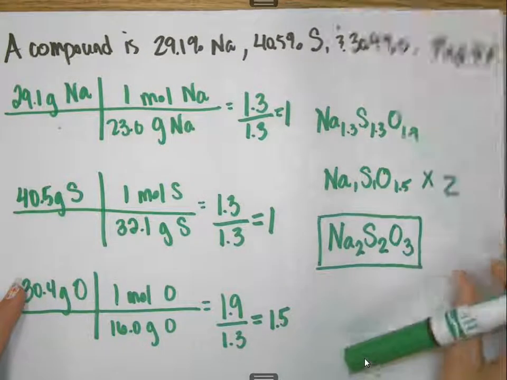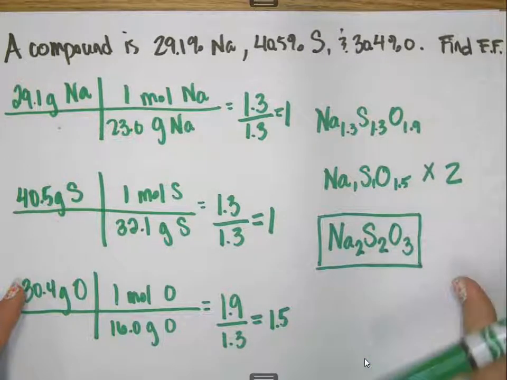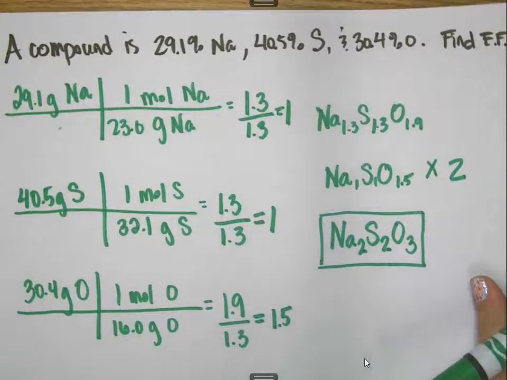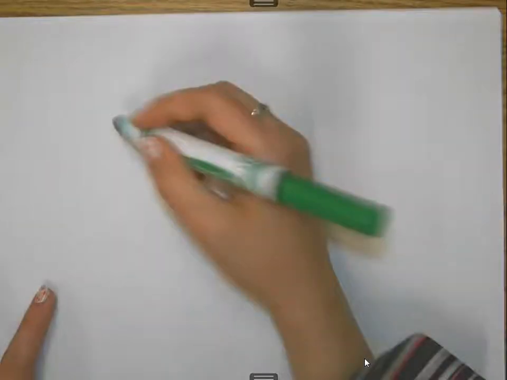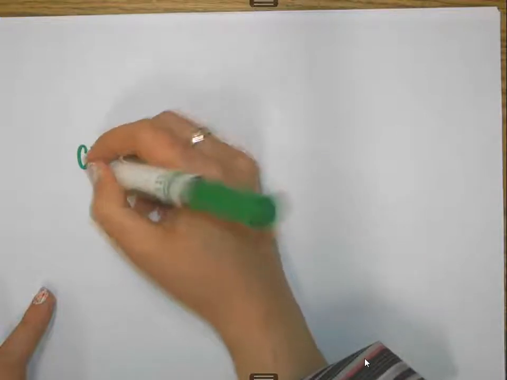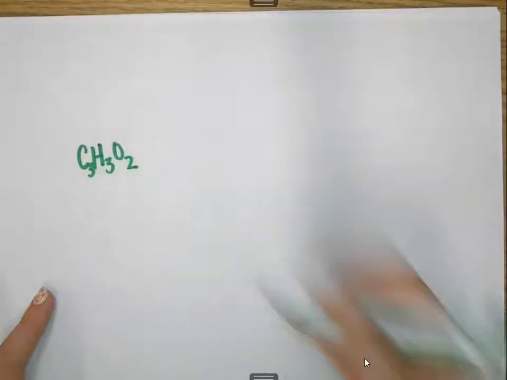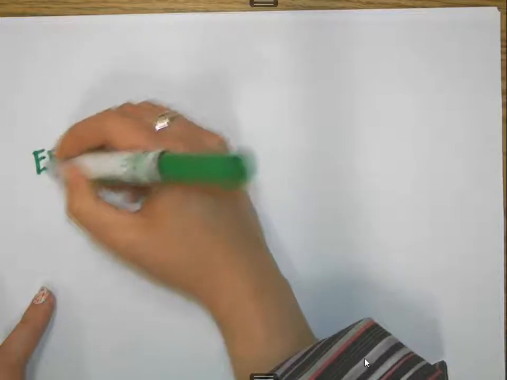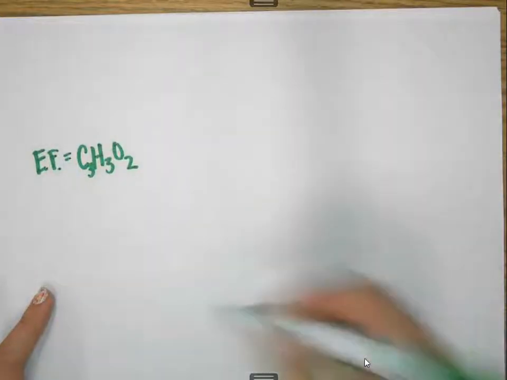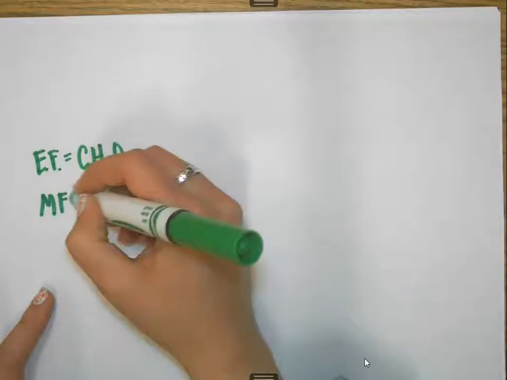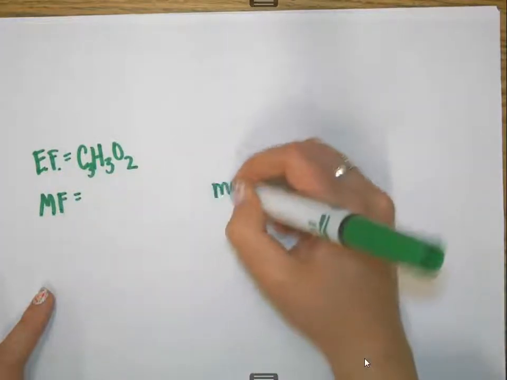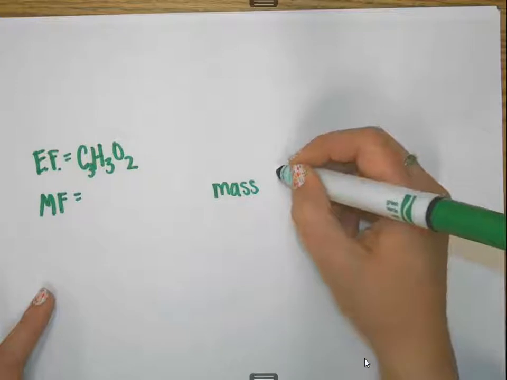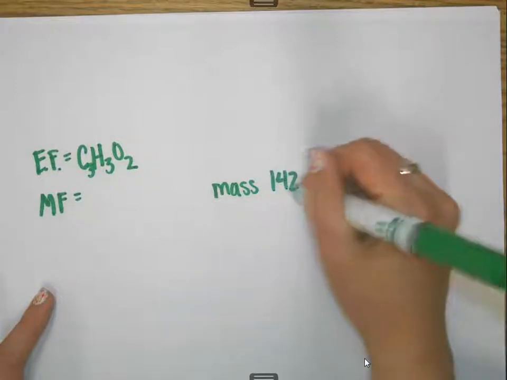Now, sometimes you can be asked to take the empirical formula and calculate the molecular formula. So with my examples that I have so far, if I have something like the formula C3H3O2, and I'm told that that is an empirical formula, then I want to find the molecular formula if it has a mass of, let's see, 142 grams.